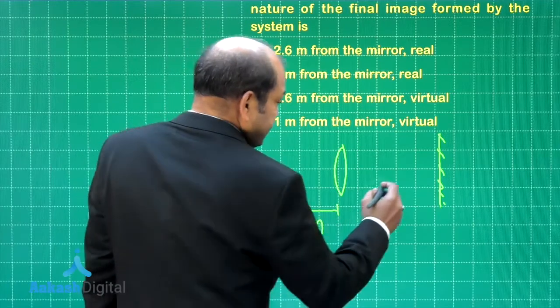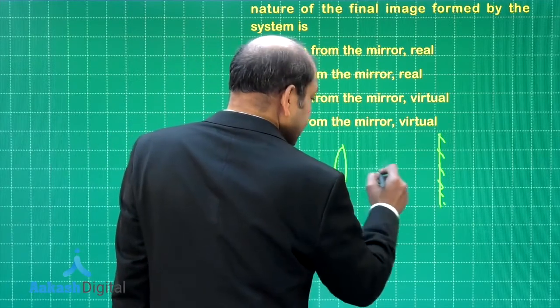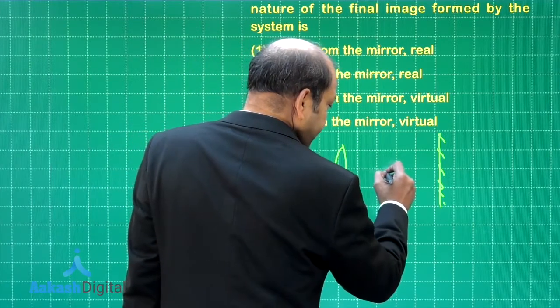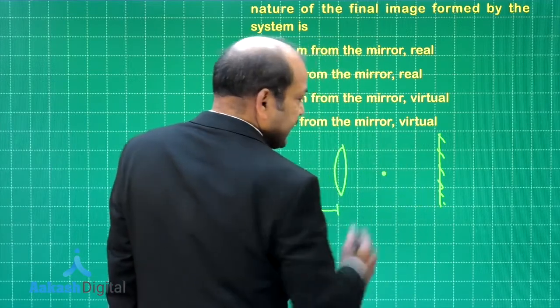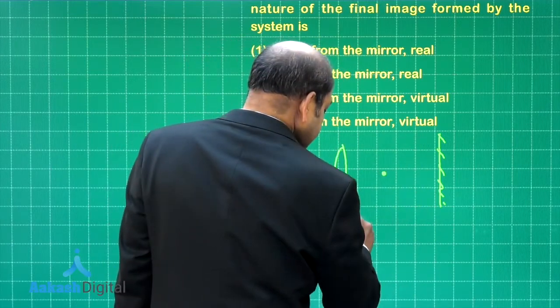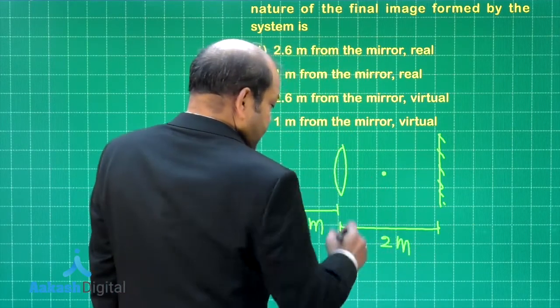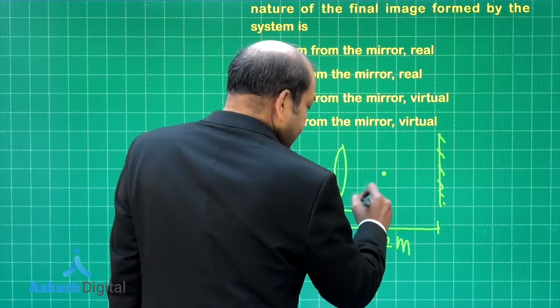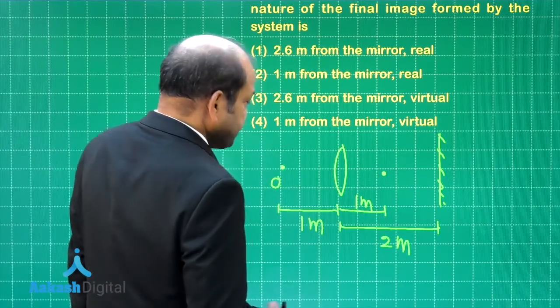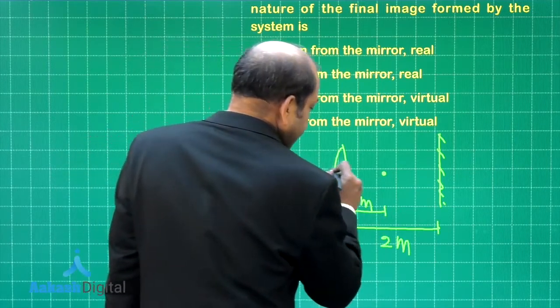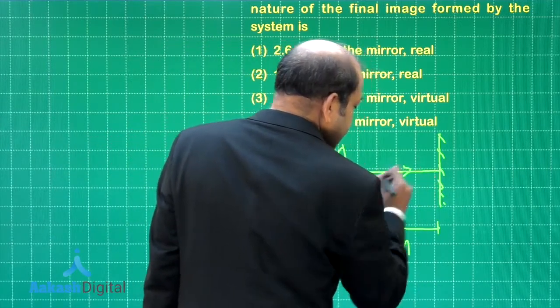So, that means the first image formed by the lens is coming somewhere here, in fact midway between the lens and the mirror, because this distance is given as 2 meters. So, this is 1 meter, and if we just trace the ray diagram, the rays will go something like this.